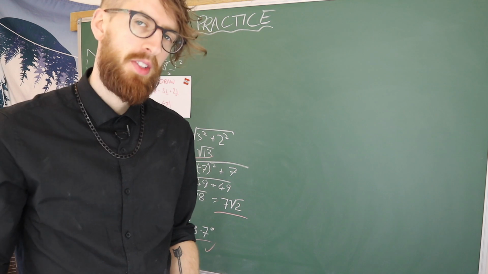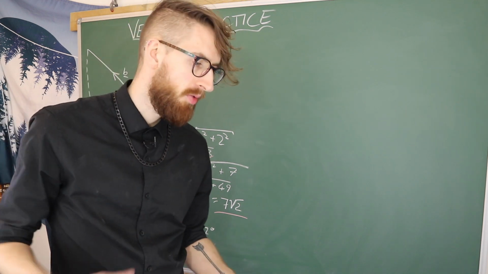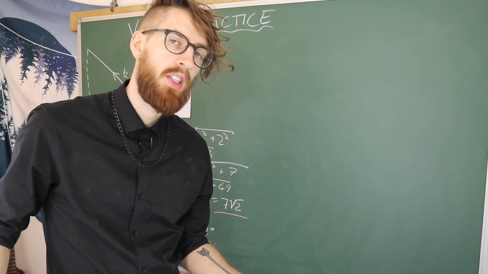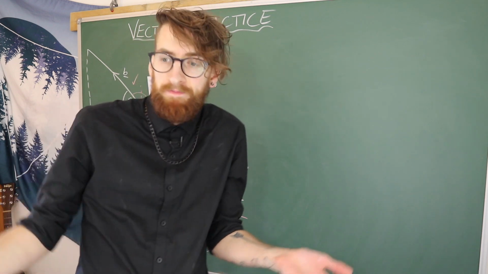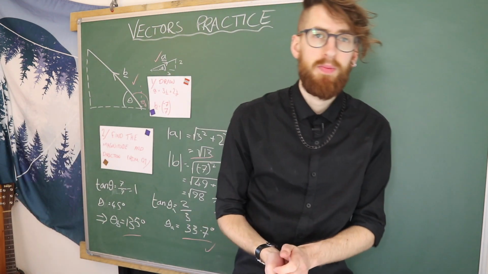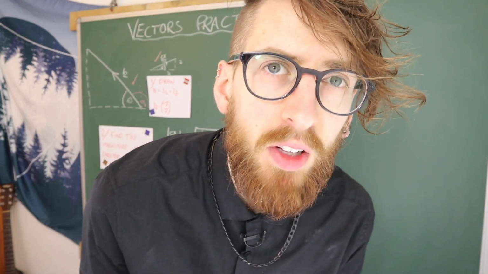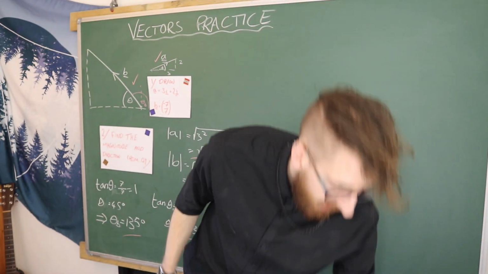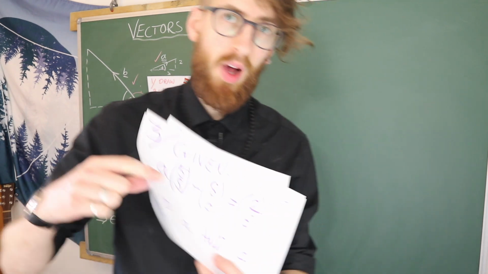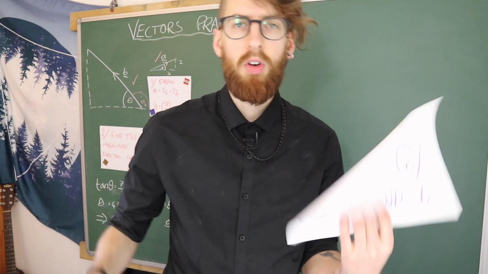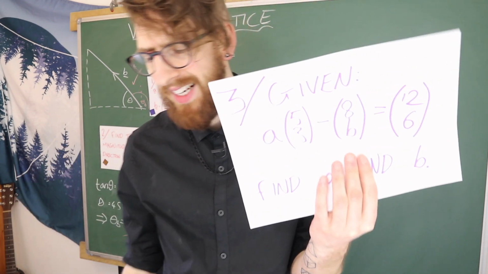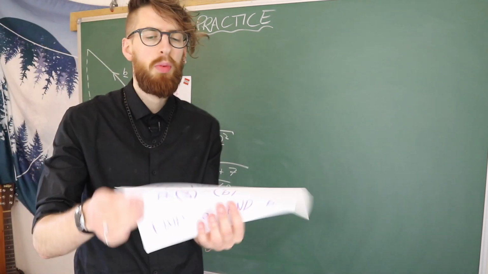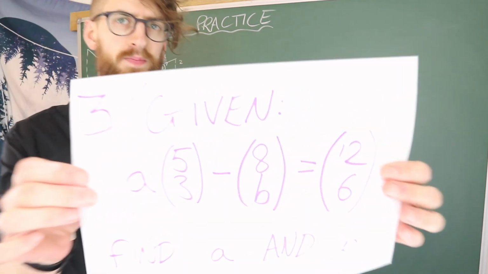Bit of a funny one, those direction ones, when they don't say what you do the direction with respect to, but it's all just simple trig, so just get involved. I'm slightly concerned about the exposure, but I think it's fine. Okay, next question. We've gone on to purple now, which means we're going slightly spicier. What we've got here, question 3.